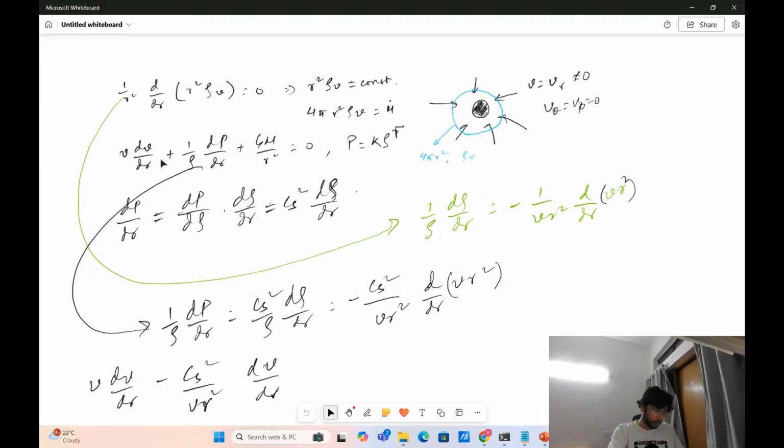Let's do one more step over here. If we just apply chain rule over here, it will be cs square by vr square times v times 2r plus r square dv/dr.